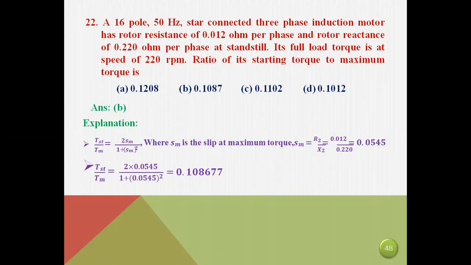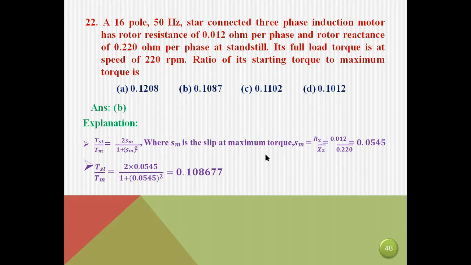So here the slip is maximum, we take it as Sm, and it will be maximum at maximum torque. So we can calculate slip that will be equal to R2 upon X2. R2 they have given, X2 they have given.